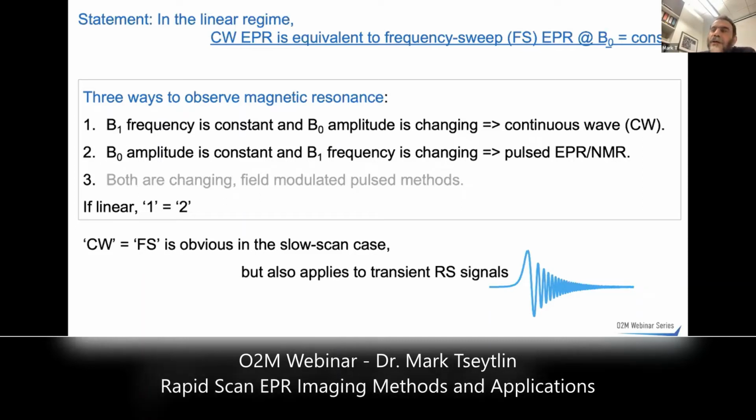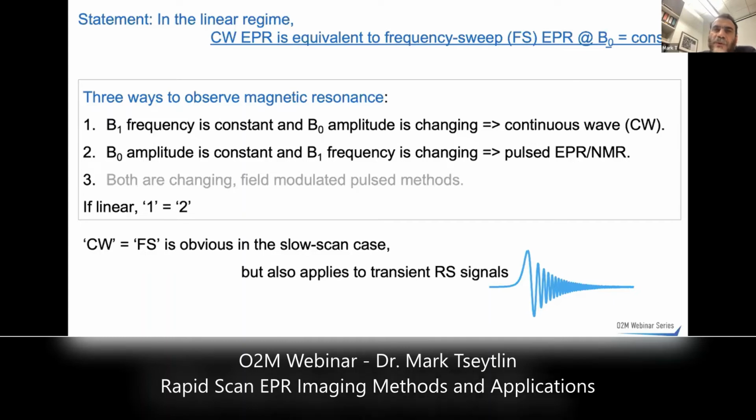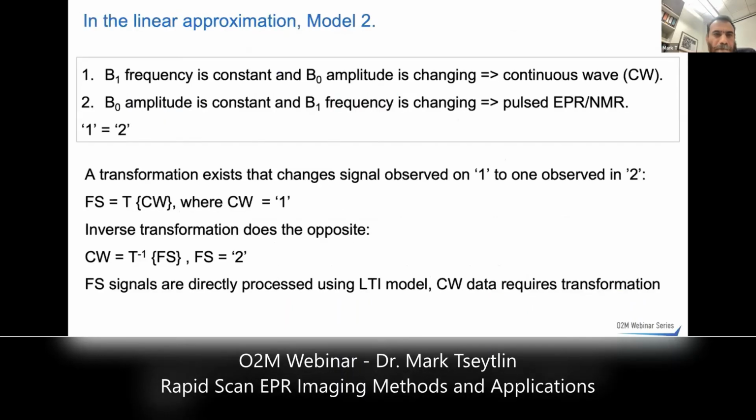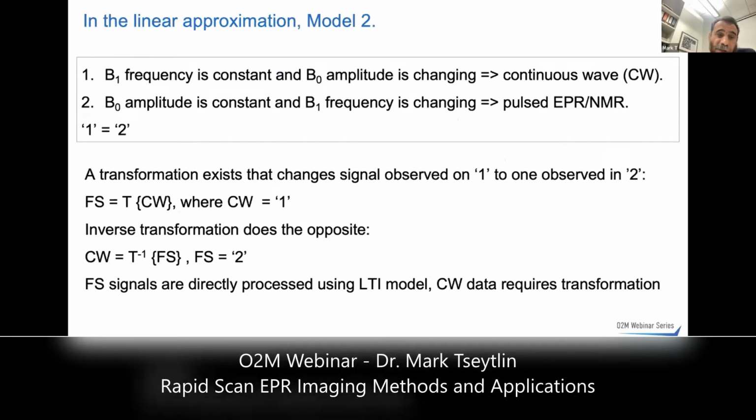It's kind of obvious if you do a slow scan. If you slowly change frequency, or you slowly change the magnetic field, if it's a Lorentzian line, you get the line. But what's important for us is that this is also true for transient rapid scan signals. Another important thing is that there is a transformation which transforms experiment number 1 into experiment number 2, and there is an inverse transformation which does the opposite.